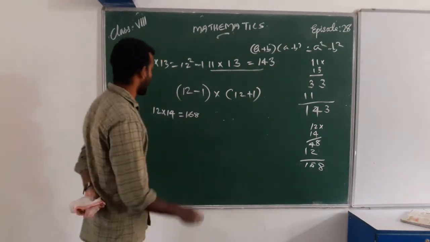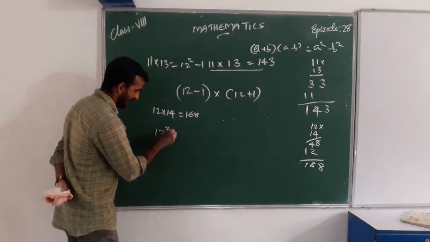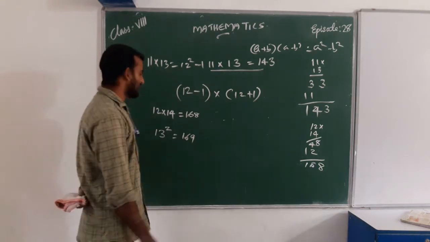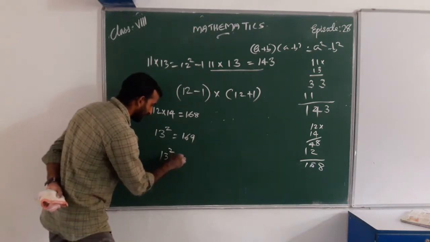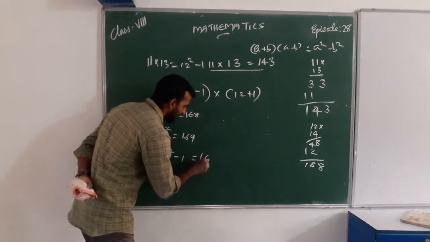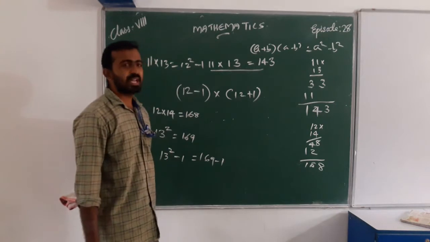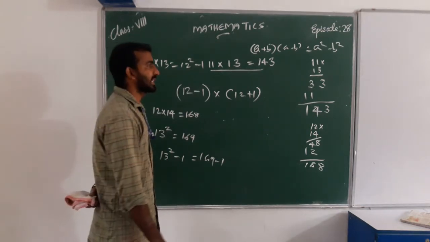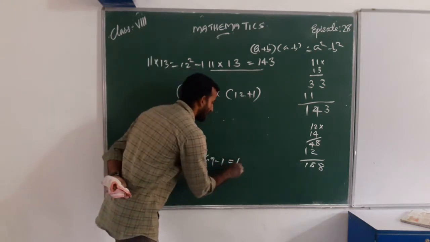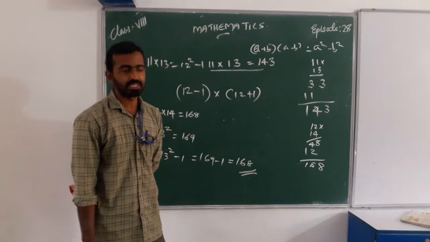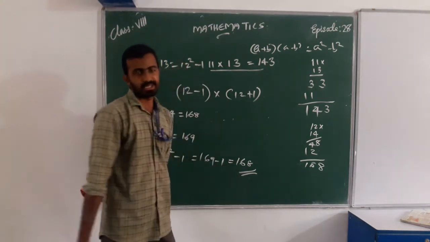What is 13 square? 169. So we can write 13 square minus 1 equals 169 minus 1, which is 168. Is it right? Yes.